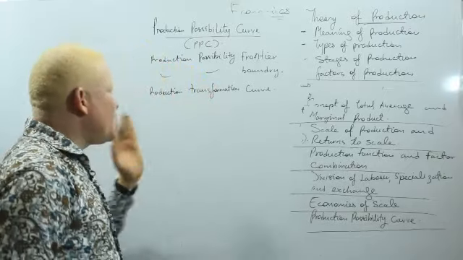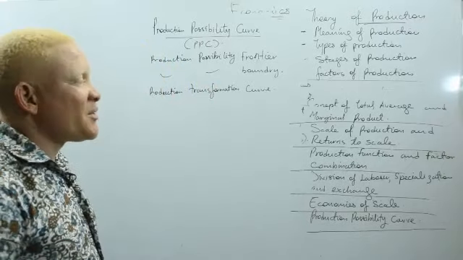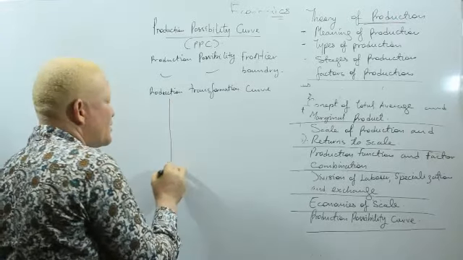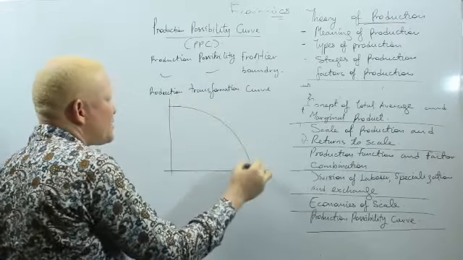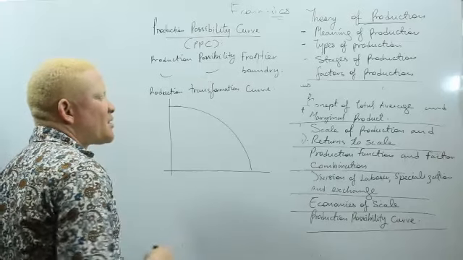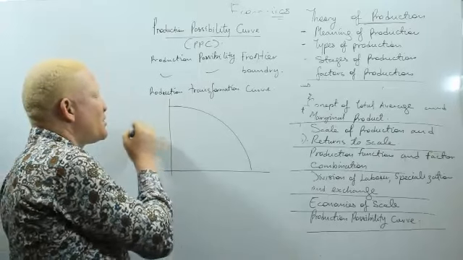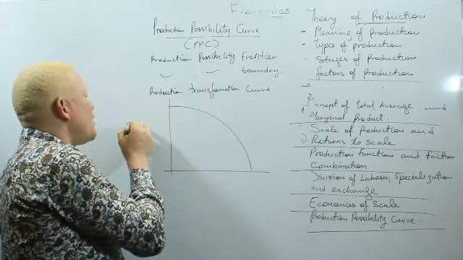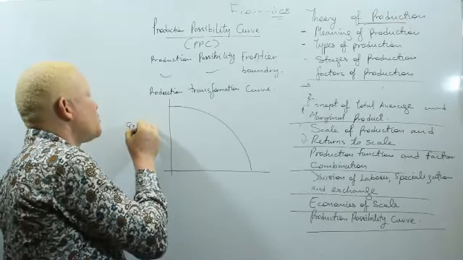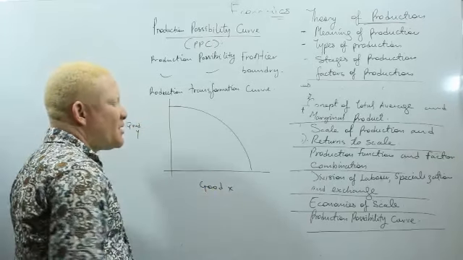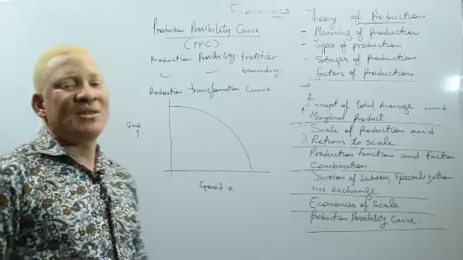Now, the production possibility curve, as it is, looks like this, unlike the isoquant that is convex to the origin and does not touch the axes. This is, let's say, good Y. Here is good X, meaning that definitely these two goods are competing.